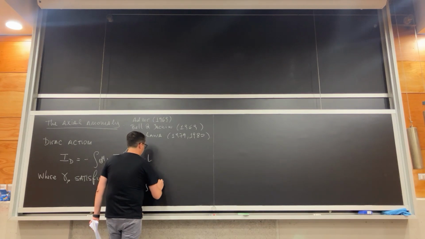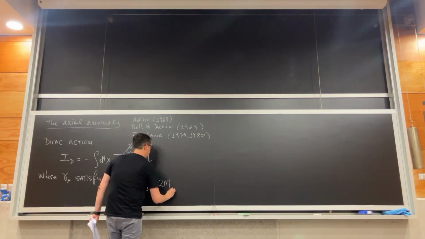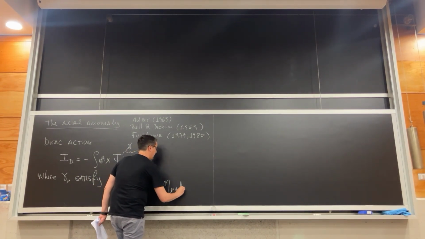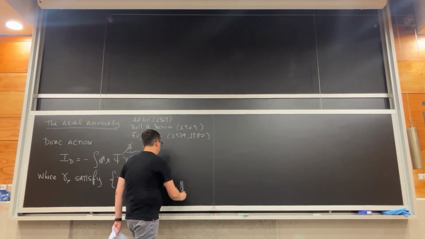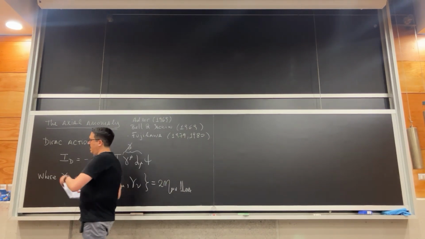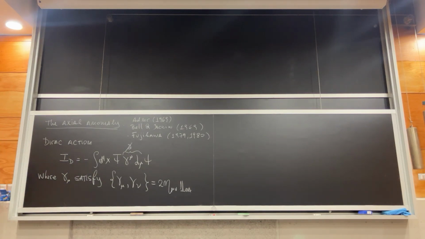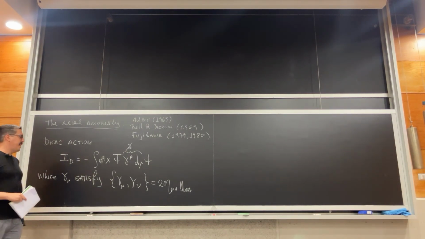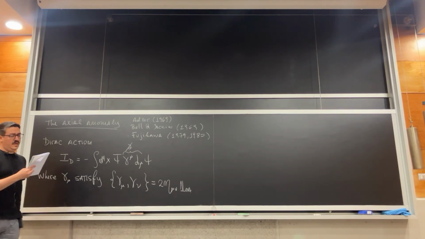This gives you 2 times eta mu nu and identity, the 4 times 4 identity matrix. Okay?